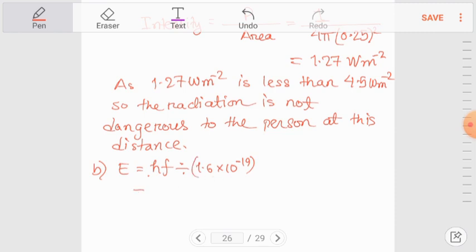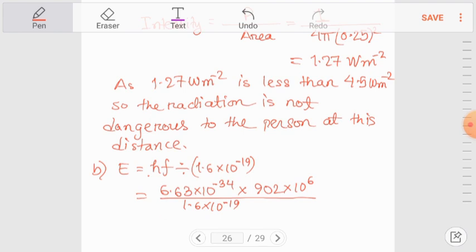If you put the values in, the value for h, Planck's constant, is always constant, so it is 6.63 into 10 to the power negative 34, and the frequency is 902 megahertz, that means 902 into 10 to the power 6, over 1.6 into 10 to the power negative 19.